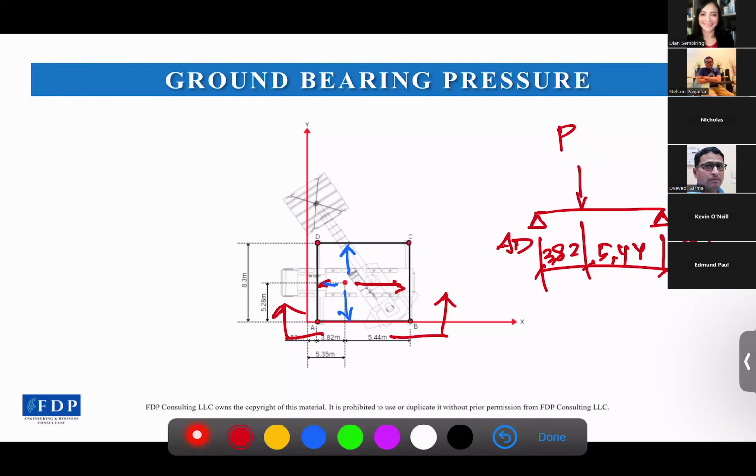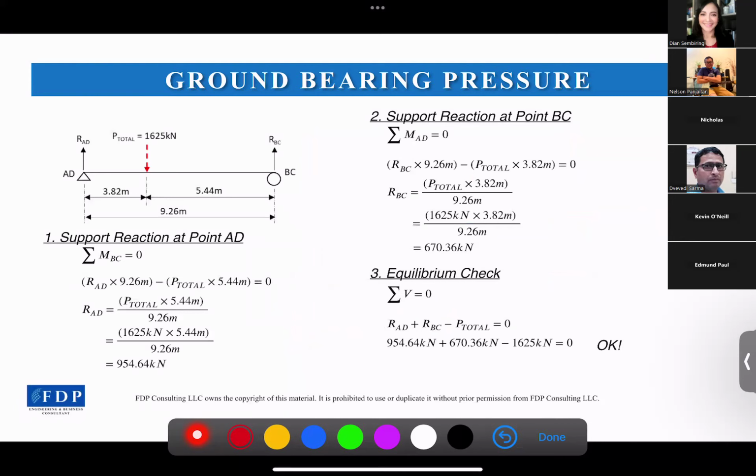So now we can simplify the system into a determinate static structure. Now we calculate the reaction at point AD. Then we use total moment at BC is 0.